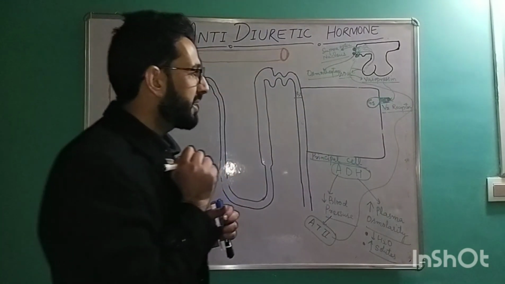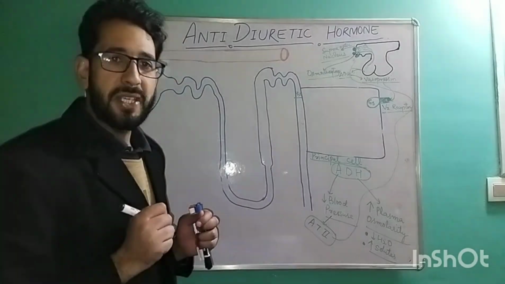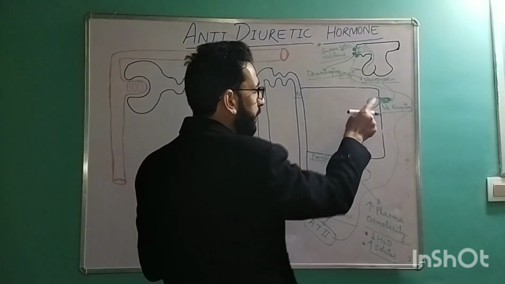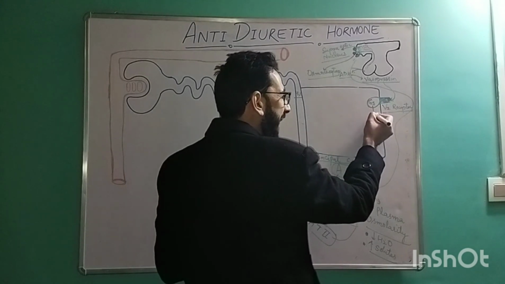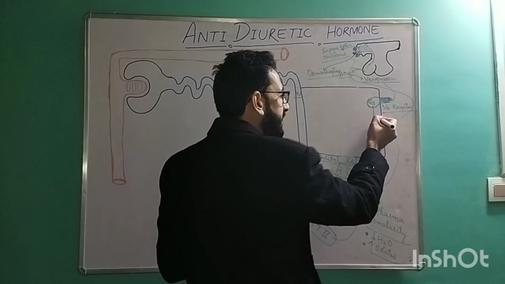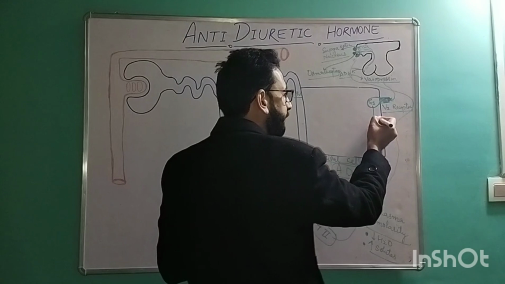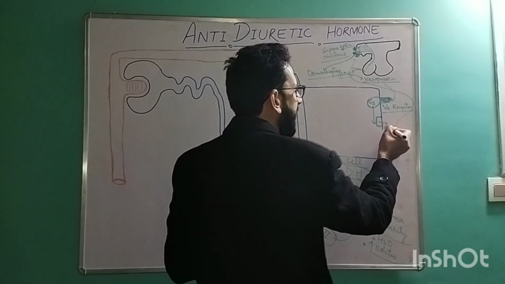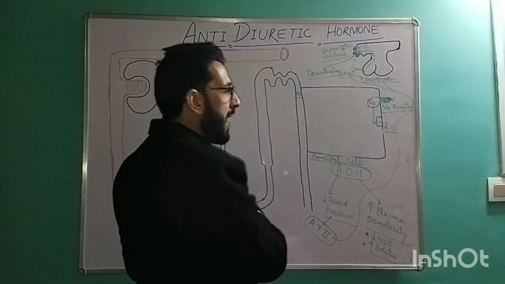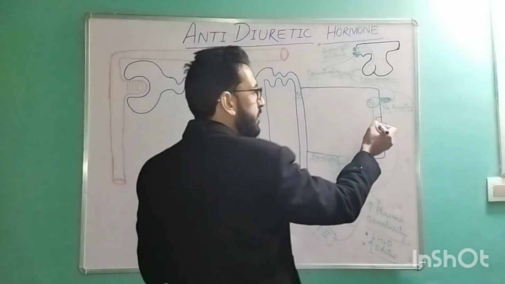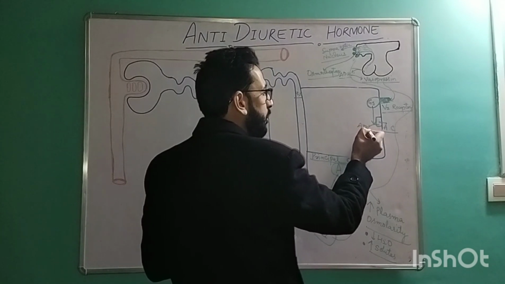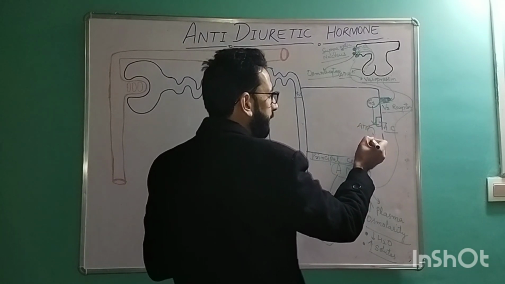Once this G-stimulatory protein is activated, it activates one enzyme present on this cell, called adenylate cyclase. This adenylate cyclase converts our ATP into cyclic AMP.